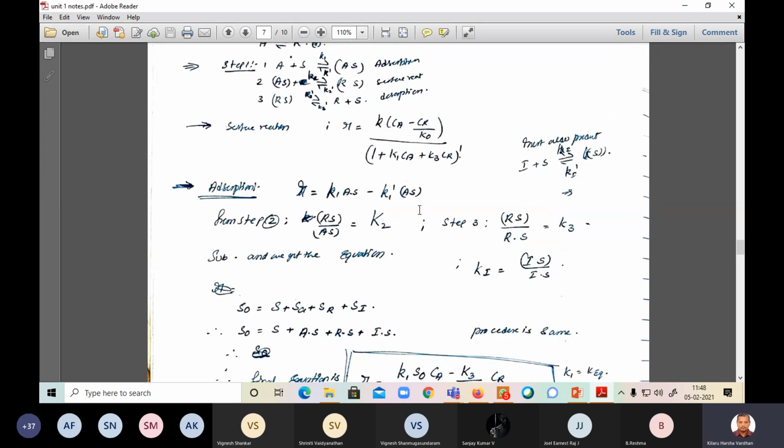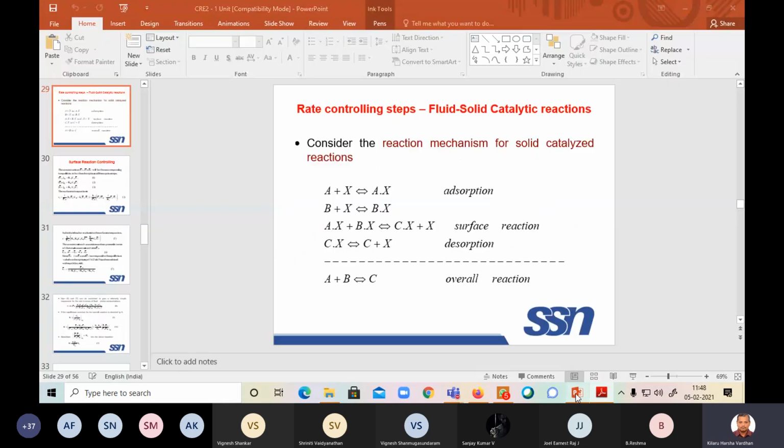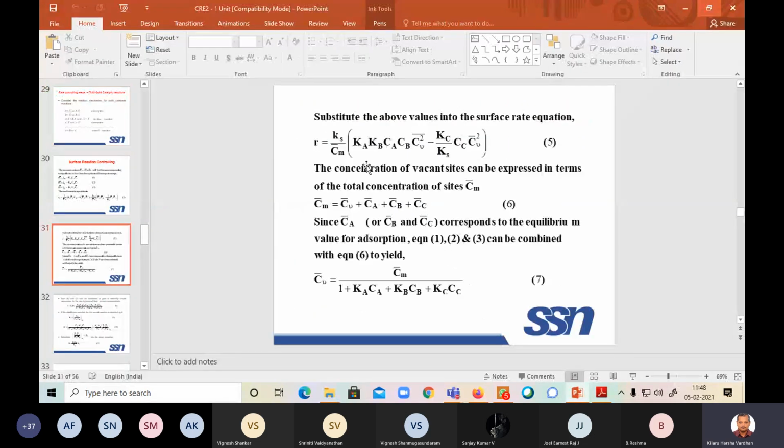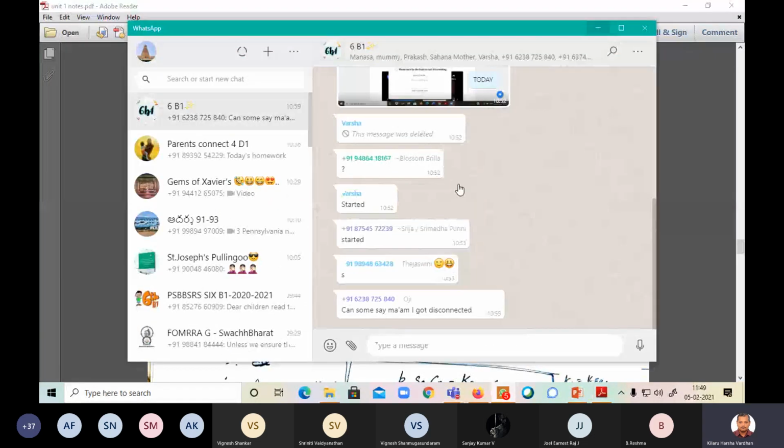Okay, this is the entire derivation, whereas here I am not doing the intermediate steps. Okay, any doubts from your side?